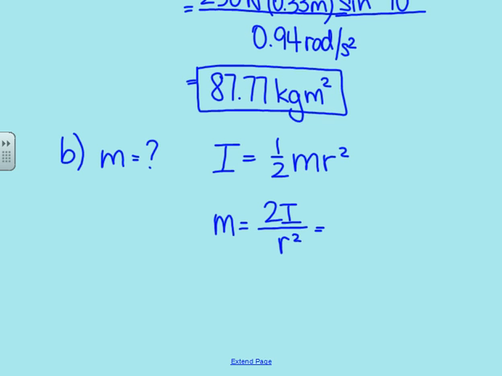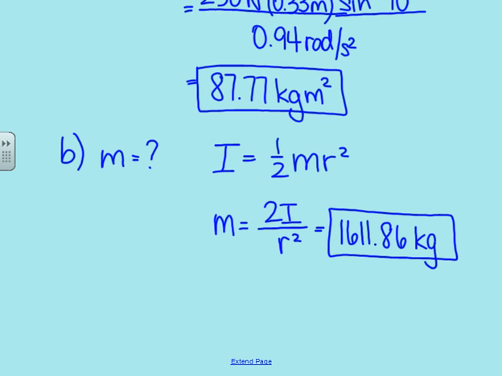I is the number I just calculated. R is 0.33 meters. As I plug these numbers in, I find that this grinding wheel has a mass of 1,611.86 kilograms. It's a large mass, but grinding wheels are typically very heavy.